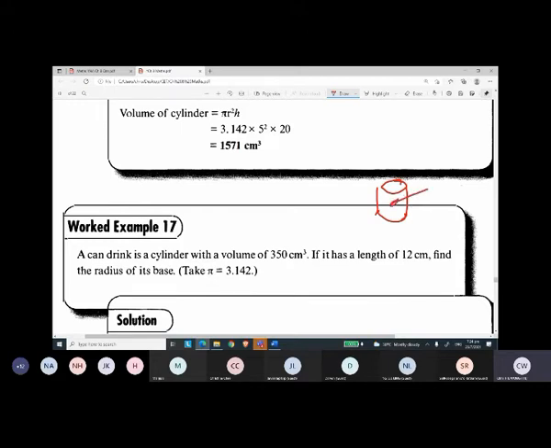So the volume inside, if you buy Coca-Cola, is 350 cm cube. It has a length of 12 cm. The length here talks about the top and the bottom, the height of the can, 12 cm. You're supposed to find the radius of the base. That means you're supposed to find what is the radius of the can there.